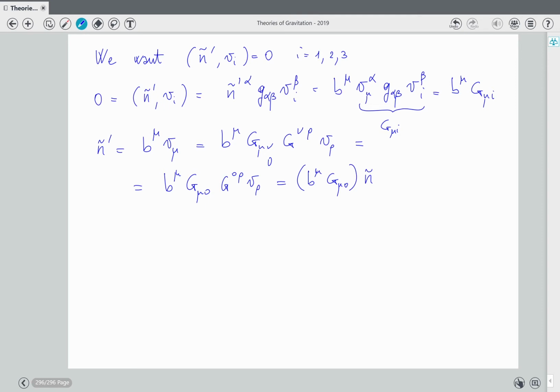So the index of the last object is understood. You could write a beta everywhere to make every component explicit. But this is just a number. There is no component here. B mu is just B mu, and g mu 0 is that.